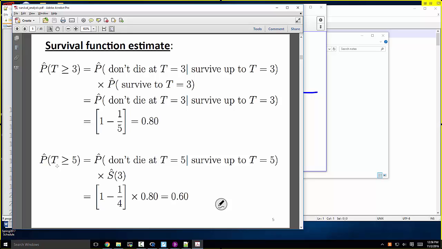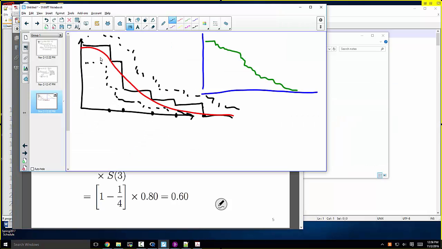Now it is the probability that you don't die at time 5, given that you survive up to time 5, times the estimated probability that you survive up to time 5. So we're building a step function like this. And we have a 3 and a 5. So just before time 5, the estimated survival probability is this right here.